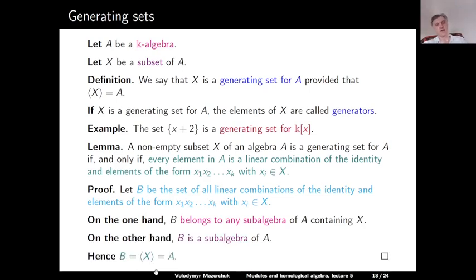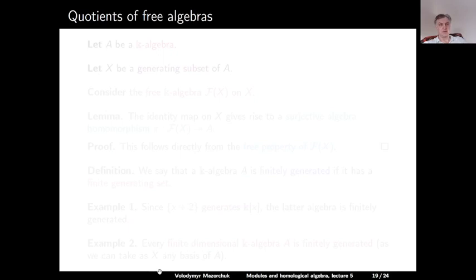And so the subalgebra is equal to A if and only if what is generated by X is equal to A.